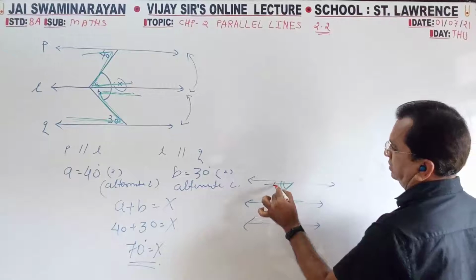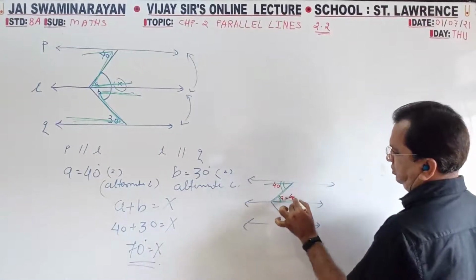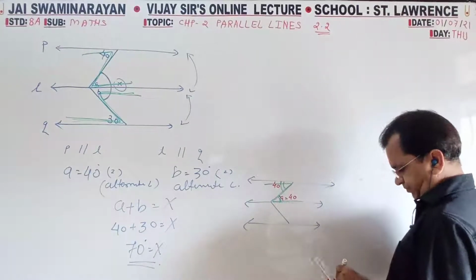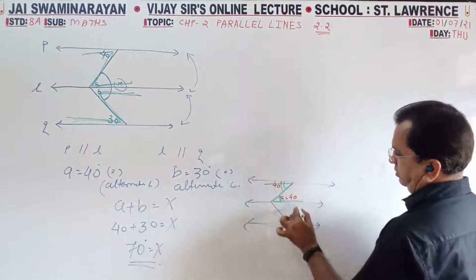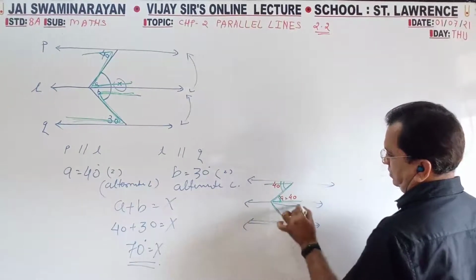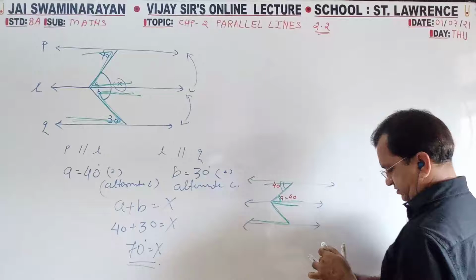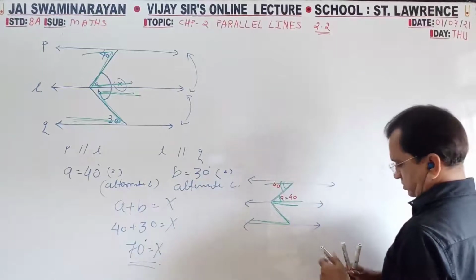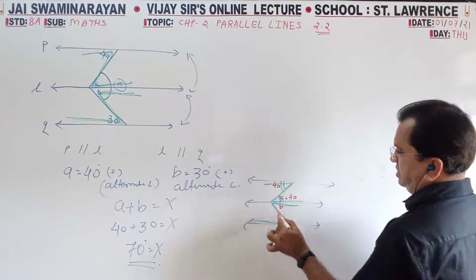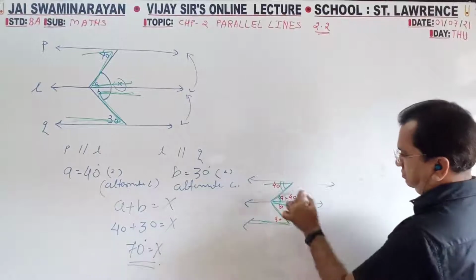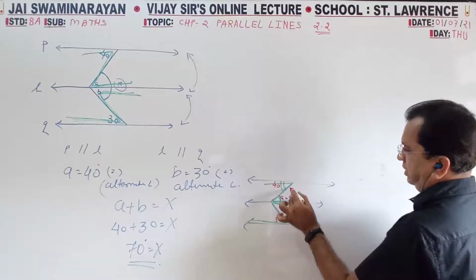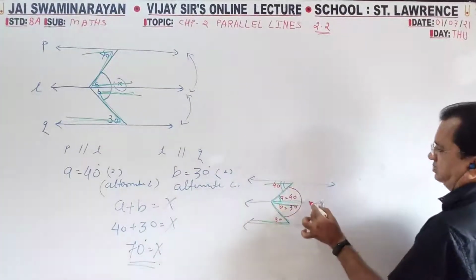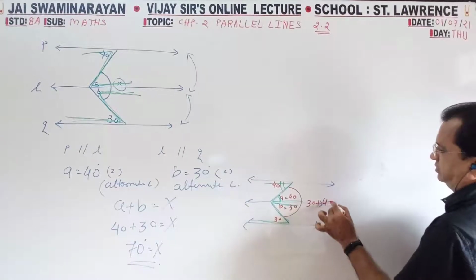So A is equal to 40. Again you are observing Z. So B is equal to 30. And now I want total. So that is 30 plus 40.